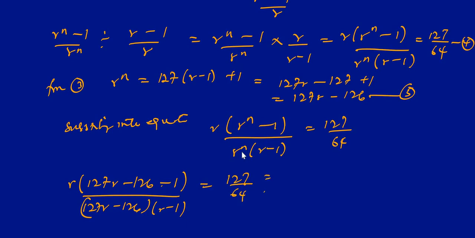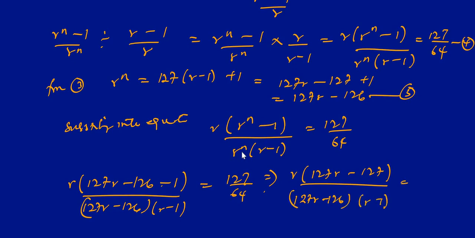This also implies R bracket 127R minus 127 all over 127R minus 126 bracket R minus 1 equals 127 over 64.